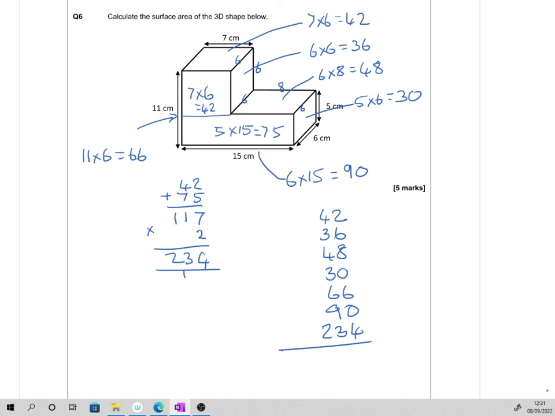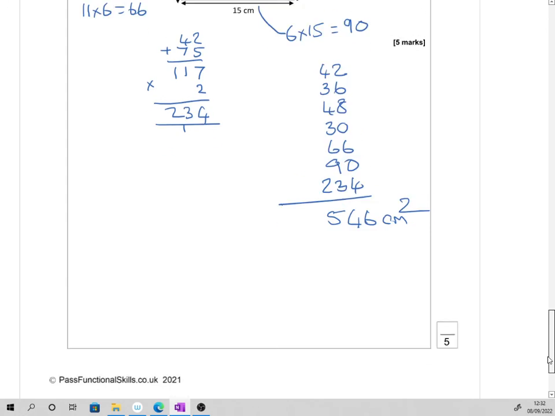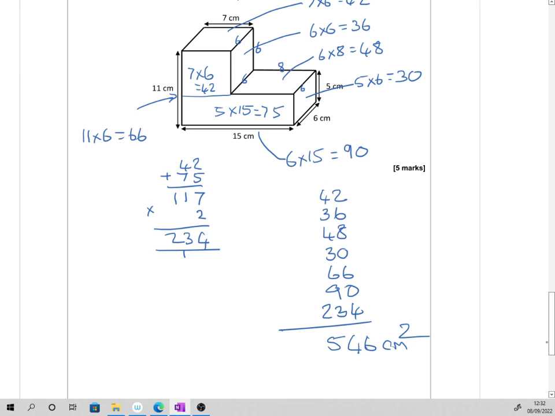I'm going to use a calculator for this. 42 plus 36 plus 48 plus 30 plus 66 plus 90 plus 234. The grand total of 546 centimeters squared. That's it. Right, so there you go.